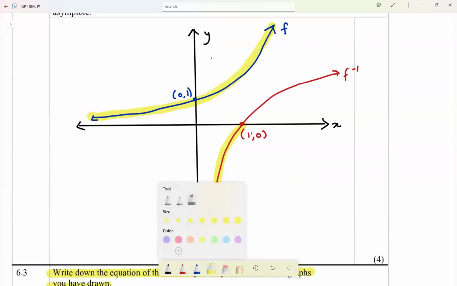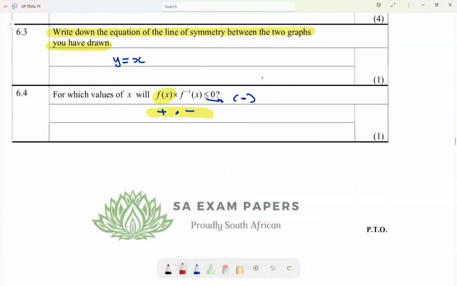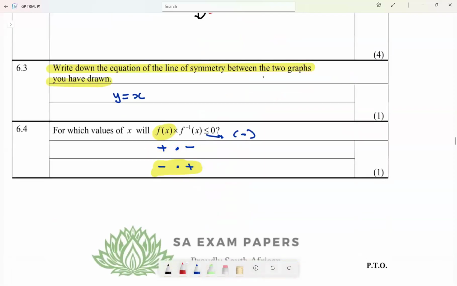Can you see that in this region, between these points here, this one is positive, whereas this one is negative? So between 0 and 1, we are talking about the x values, that's where we find that.